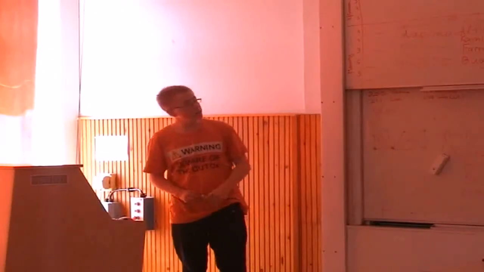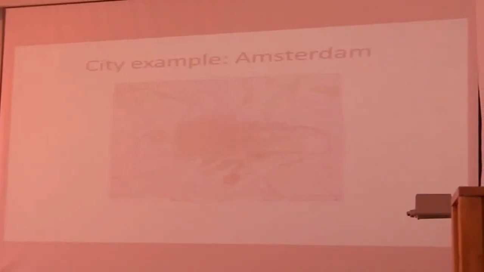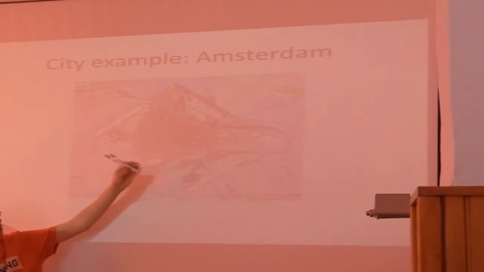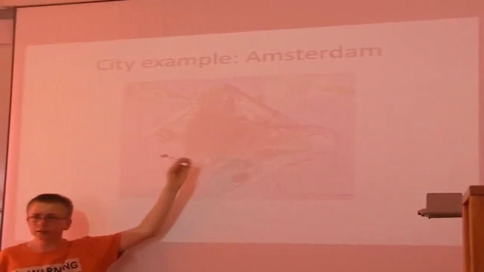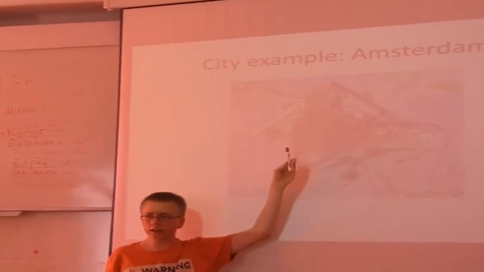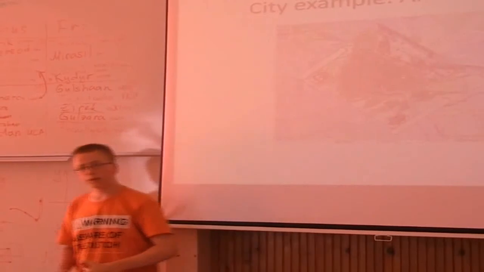A city example. Cities are a bit harder sometimes, but like Amsterdam. Here, as you can see, some things stayed the same, but some things didn't. Usually you can see back canals and old streets in a modern street pattern, but sometimes you can't, and then it's really hard.